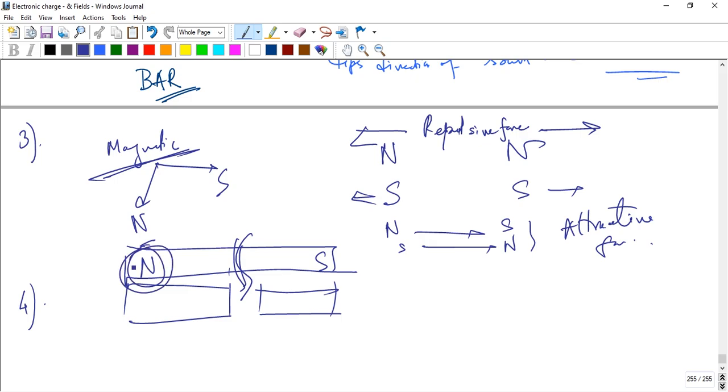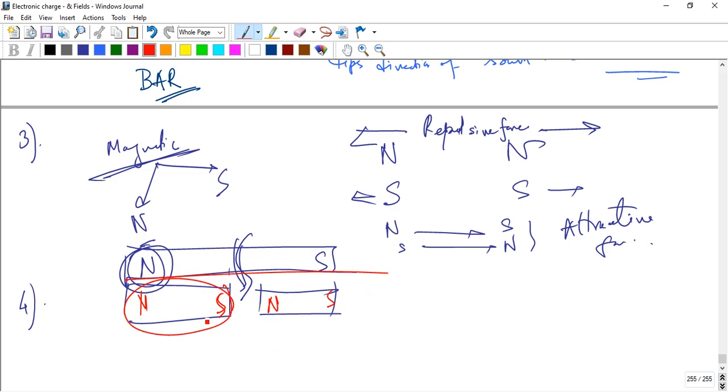Will the magnet be treated as a monopole? No, the answer is no, because no monopole exists in a magnet. If I break that magnet into pieces, one side gets north and the opposite side gets south, and the south's opposite side gets north.